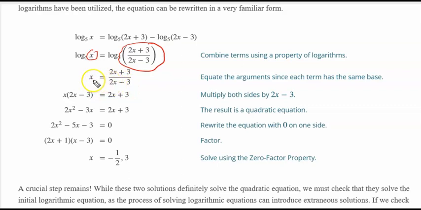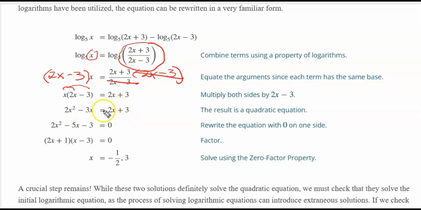So to go and solve for x, and we have x over here, we're going to multiply both sides by 2x minus 3. Now here they cancel out. We've gotten rid of fractions. We're going to distribute here, which is what they show.